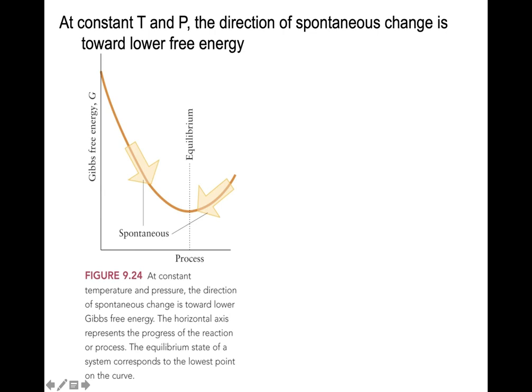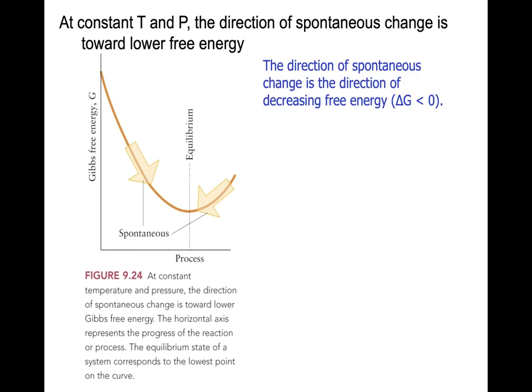So the Gibbs free energy changes as reactants become products. We could think of this area here as pure reactant and this area as pure product. And we know that things always tend toward equilibrium from what we talked about in equilibrium.